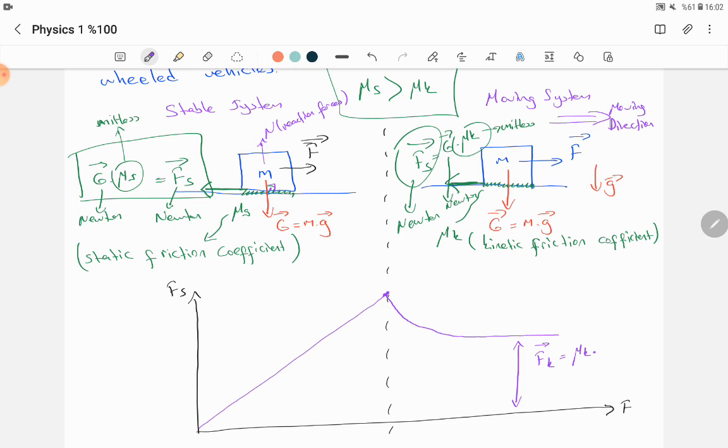The reaction force makes a right angle with the surface, and we use n here.